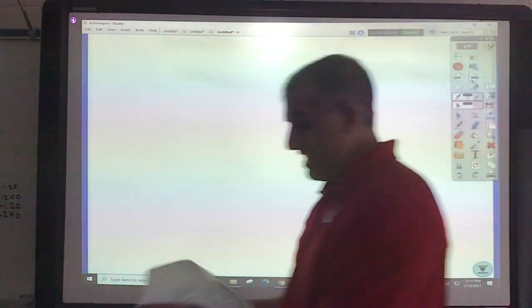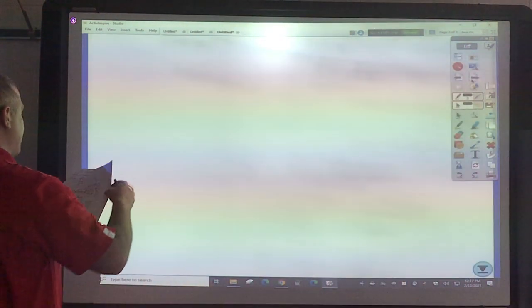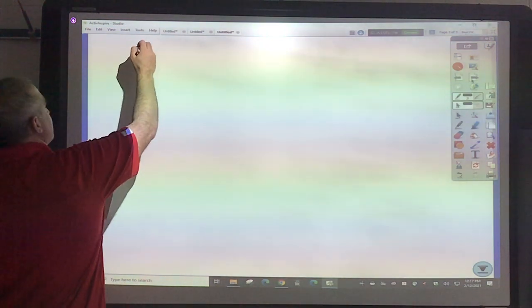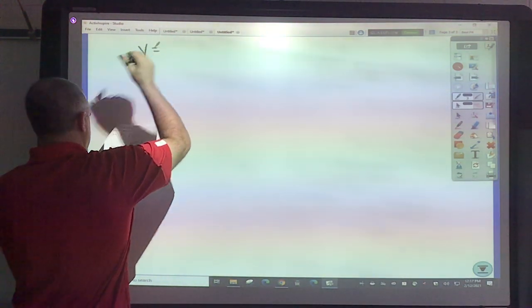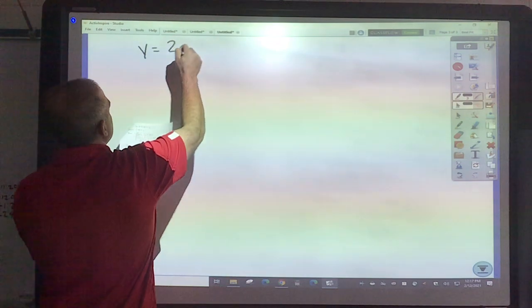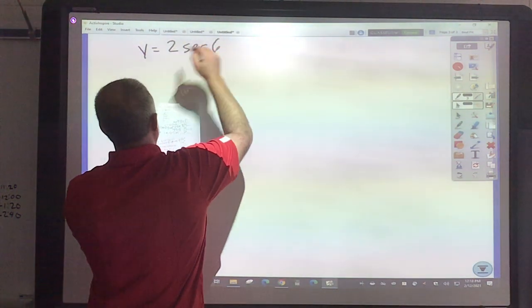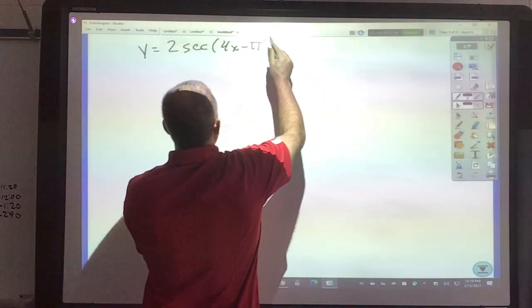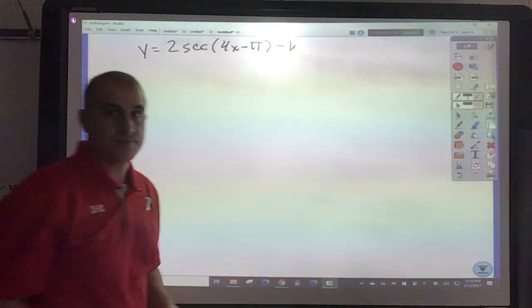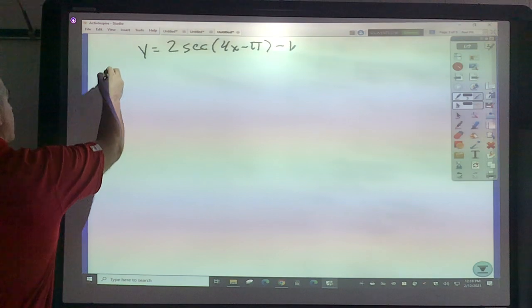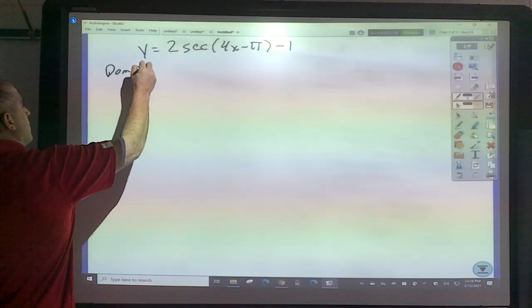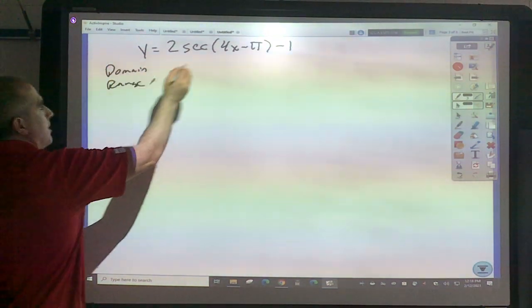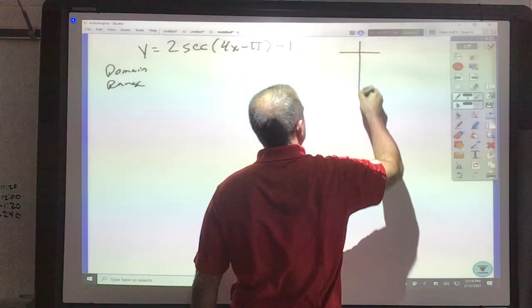Let's do one with secant now. Let's say I've got y equals 2 secant of 4x minus pi, minus 1. So domain and range. Now, I'm going to have to make a little table of values here.